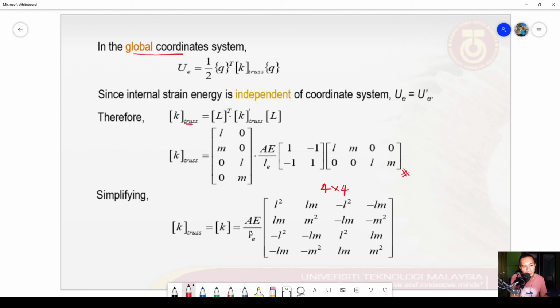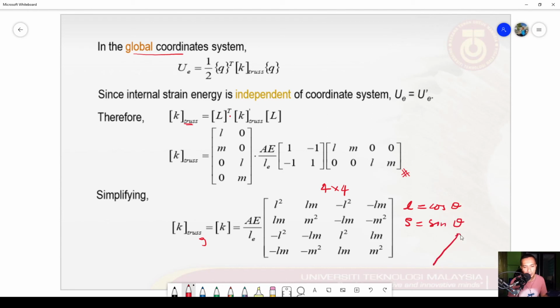geometrical parameters and also the material parameters of the structure, where as we can see here our matrix K in global depends on the L and M, which, if we can remember, L is equal to the cosine of the angle theta of our element, and S is equal to the sine of theta of our element.